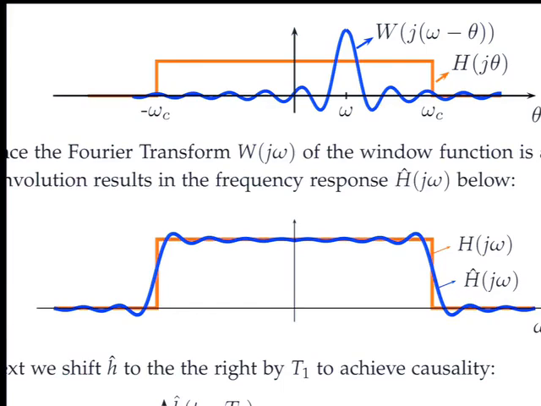And what happens if I take a longer window w of t? Remember it went from negative t1 to positive t1? What if I made that longer? What happens to this Fourier transform? If I stretch it, Fourier transform will compress. So the octopus will be skinnier, right? Or actually taller but skinnier, right? So therefore, when I do this convolution, that transition here will be sharper, right?